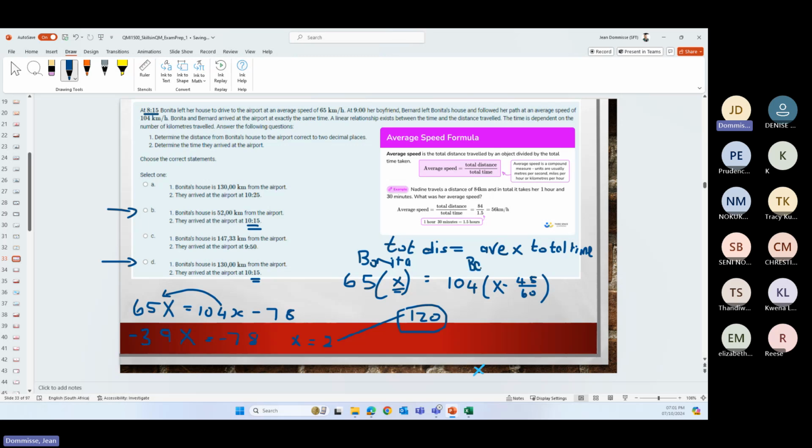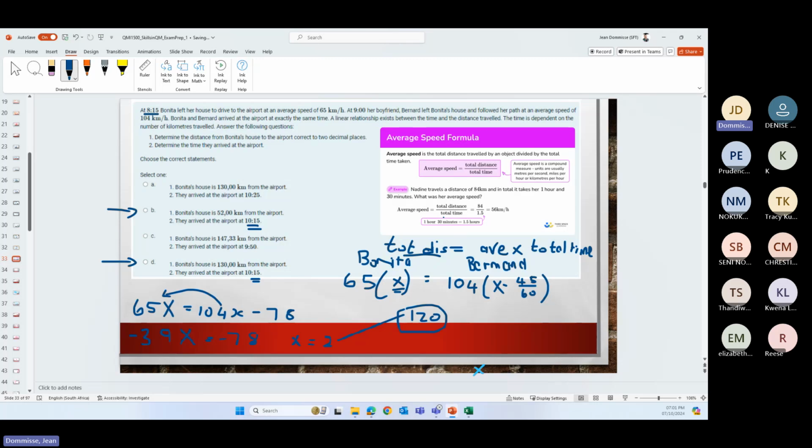And I said that that is the same because they are doing the same distance. If it was not the same distance, then we can't use this, and then they would not have asked a question like this.